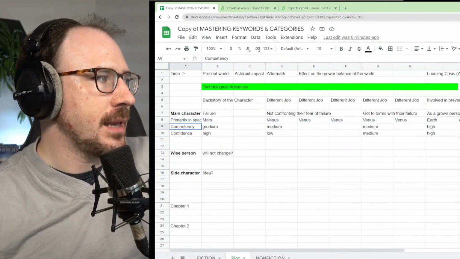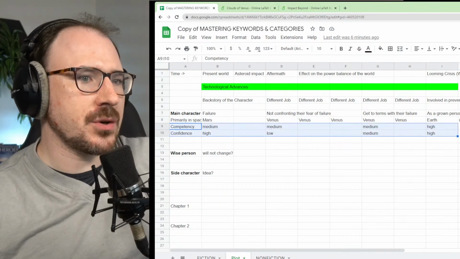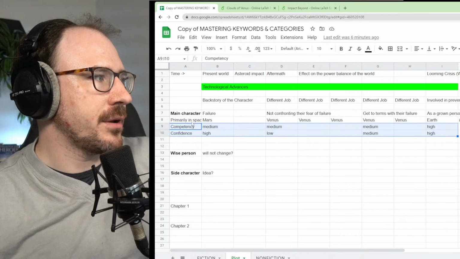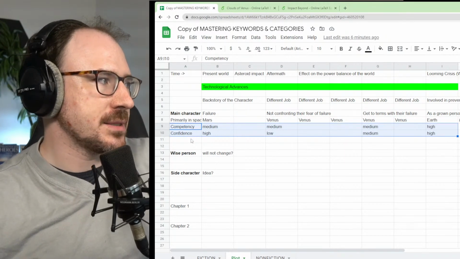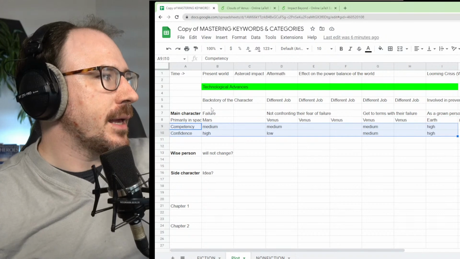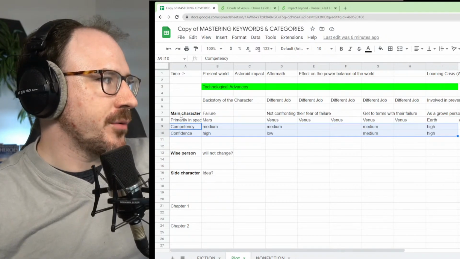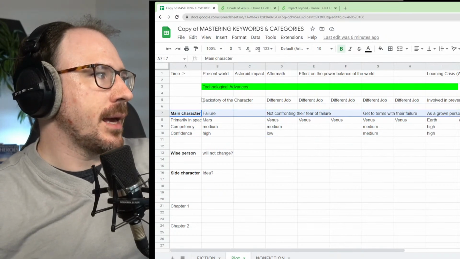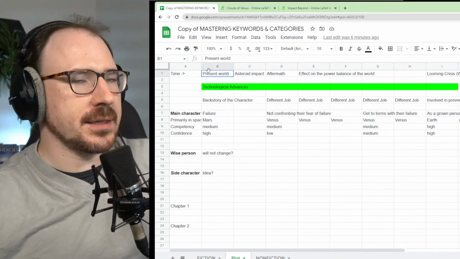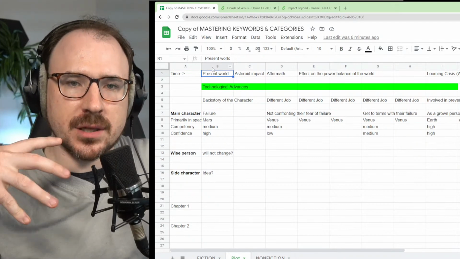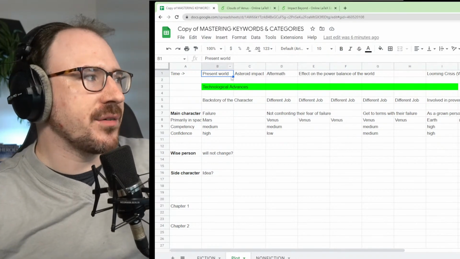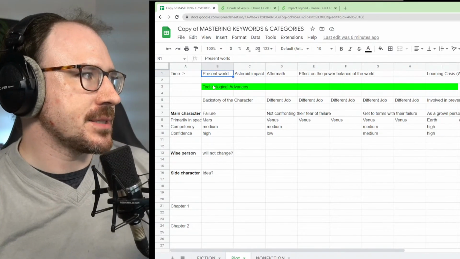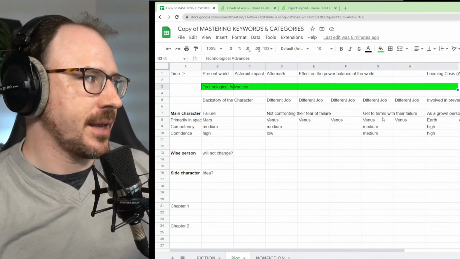Here we laid out the development of the person in terms of their personal development, competency, confidence, and also what is happening to the main character, and what we also had here, the external world, how events impact the world of the novel and the characters, and what is going on here on the side.